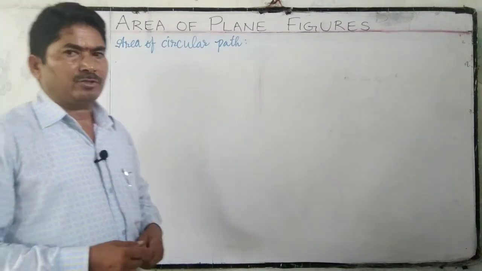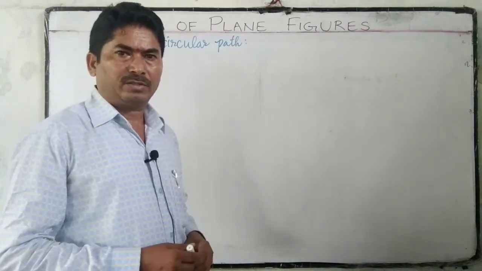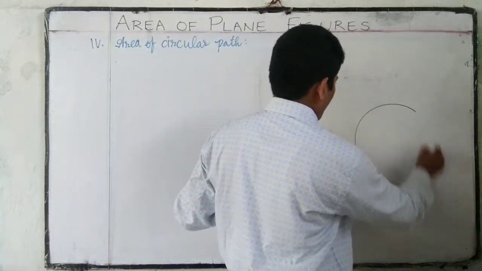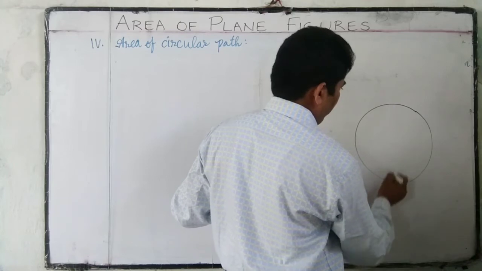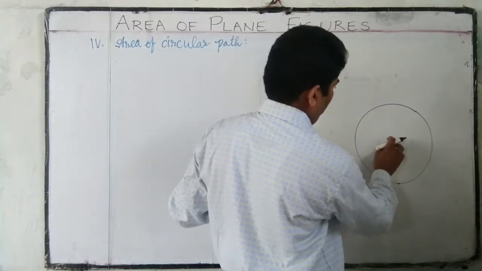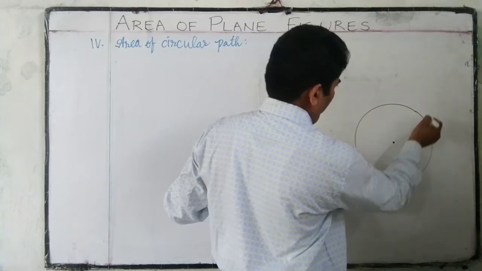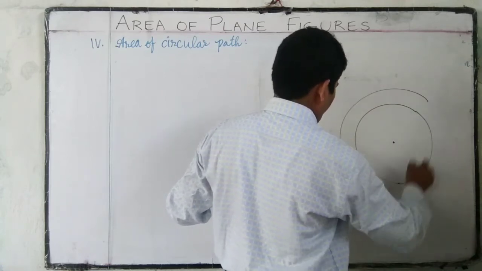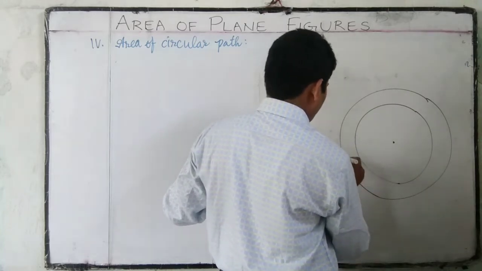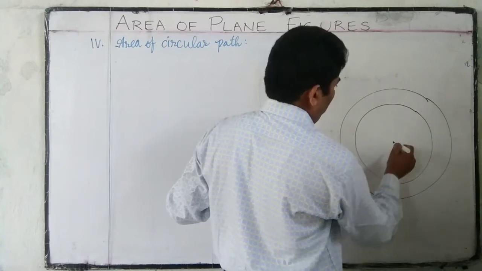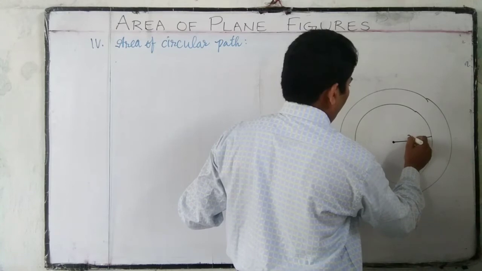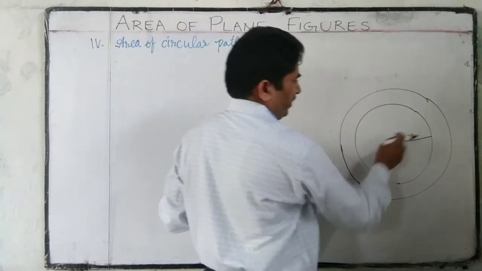Area of a circular path. To understand area of circular path, let us draw a figure. This is a circle. If we draw one more circle outside, this is the center of these circles. This is the smaller radius of the inner circle.